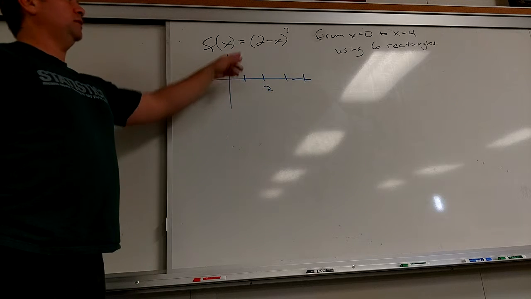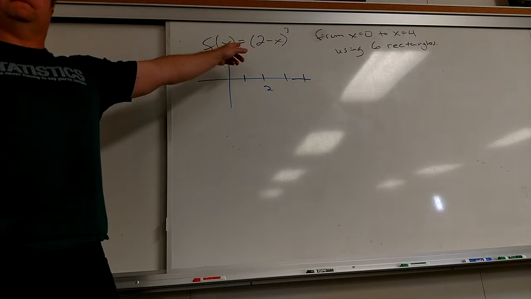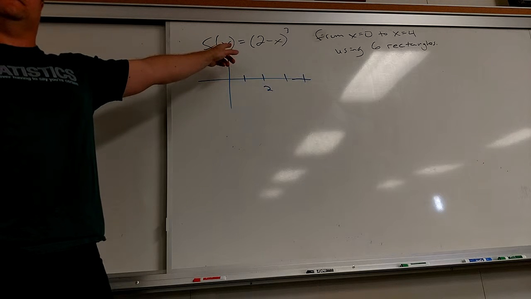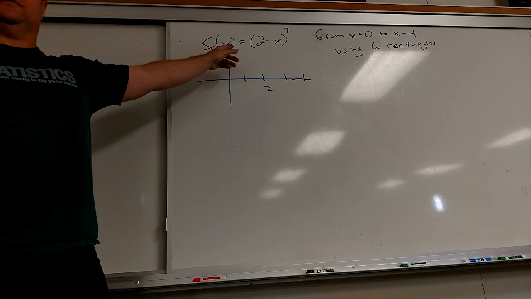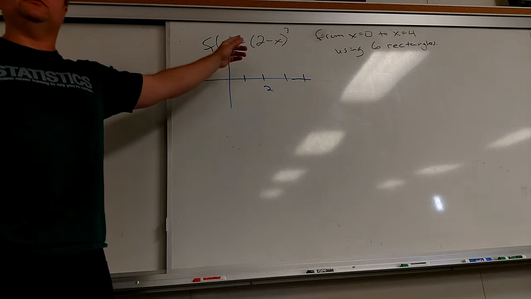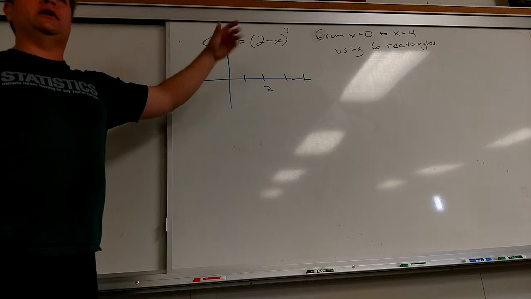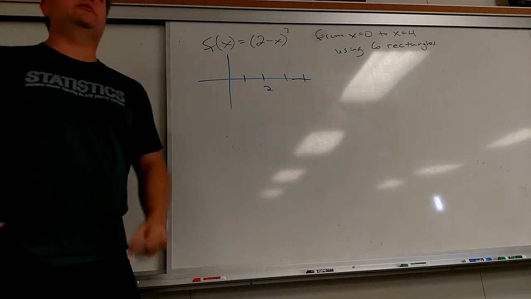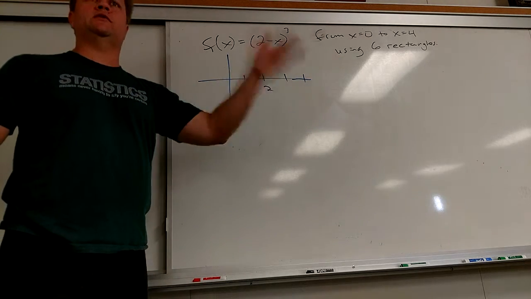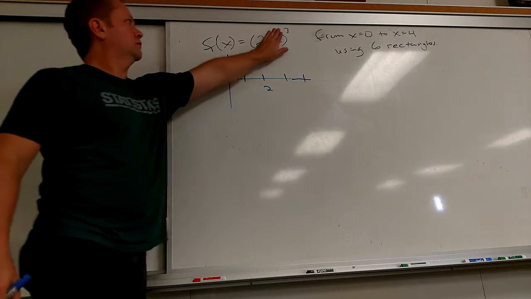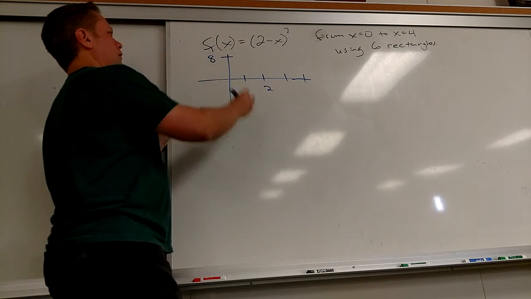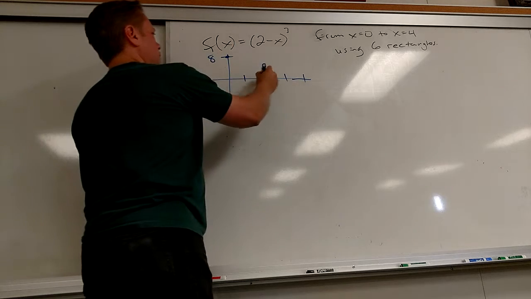What's the y-intercept? How do you find any intercept for any letter? You let all the other letters be 0. So what's the y-intercept? 8. Okay. So there's that.